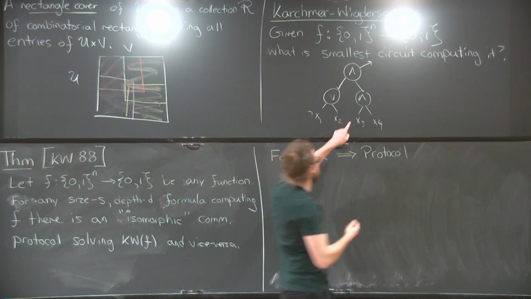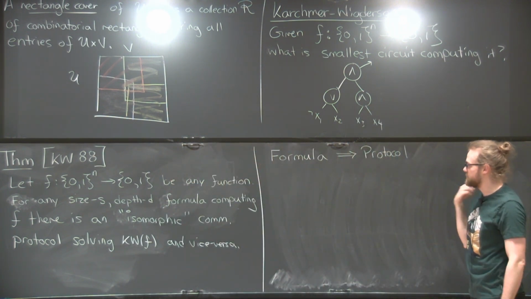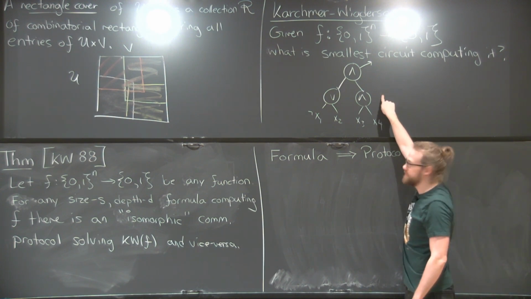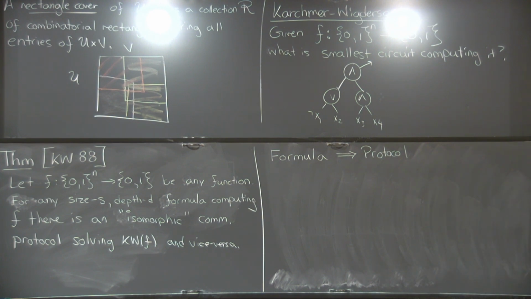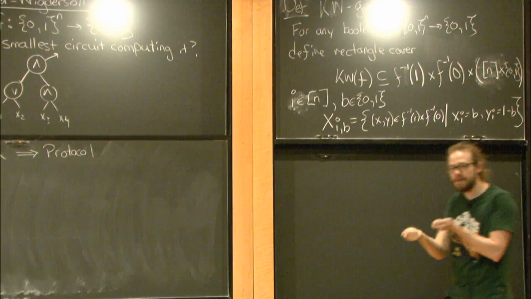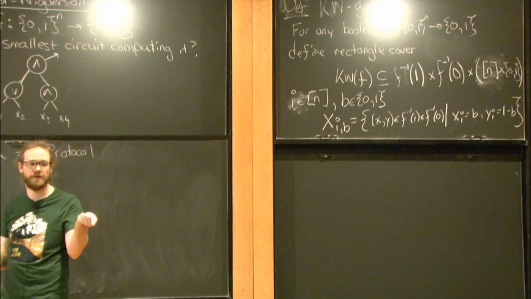So we could start with, say, this formula. I have a formula which is computing some Boolean function, and I want to come up with a communication protocol which is solving this problem. So Alice gets a 1, Bob gets a 0, and they want to actually find an input bit where they're different.